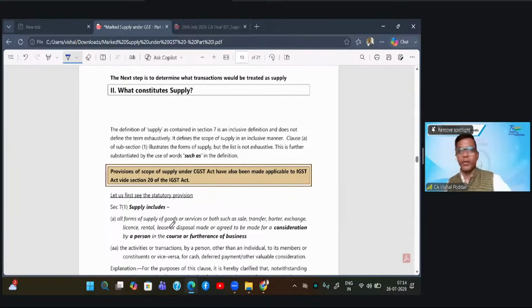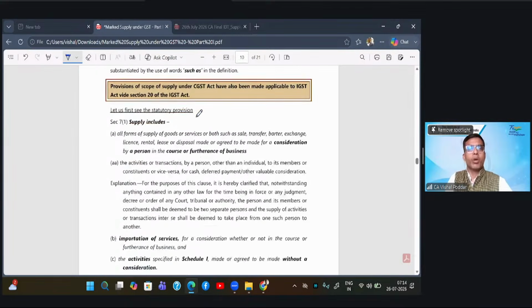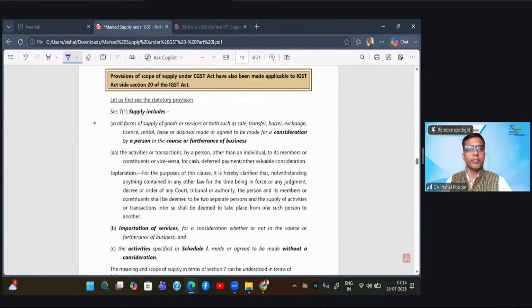Now, after we have understood the negative list, the exclusion list, let us go to the positive conditions, which are essential to complete the definition of supply and to finally determine what would be supply and what would not.